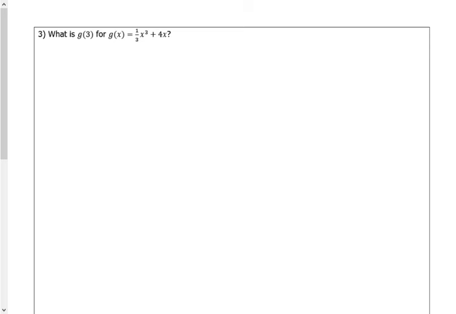Okay, here's another substitution, but again, we've asked it in a different way, where I just want you to evaluate FG of 3. So that means everywhere there's an X, here and here, I'm going to plug in a 3. So 1/3, 3 cubed, plus 4 times 3.